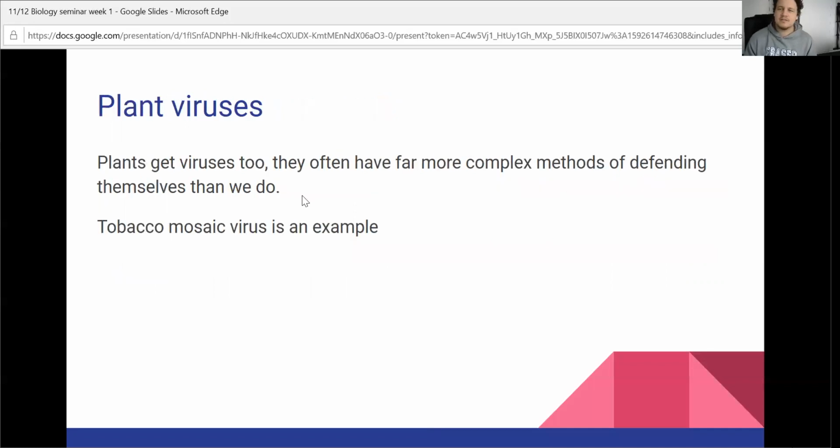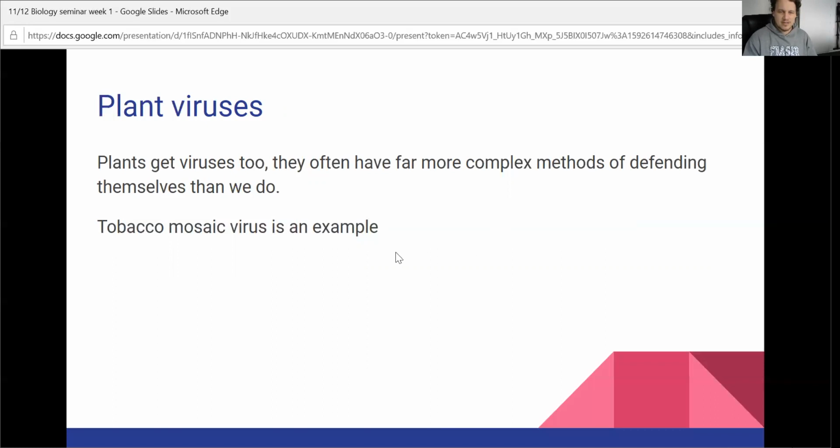So plant viruses. Plants can't walk. They can't see a threat and walk away. So their viral response and immune response is really, really complex in comparison to ours. They can quite literally calcify parts of the plant to trap something in there. And there are a lot more physical defenses than we do.